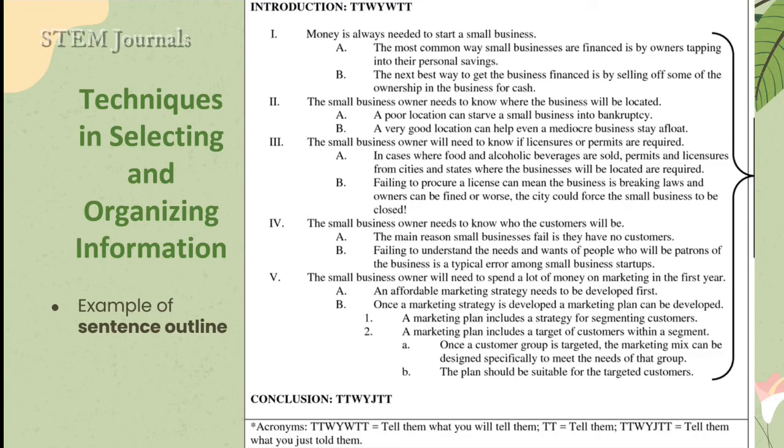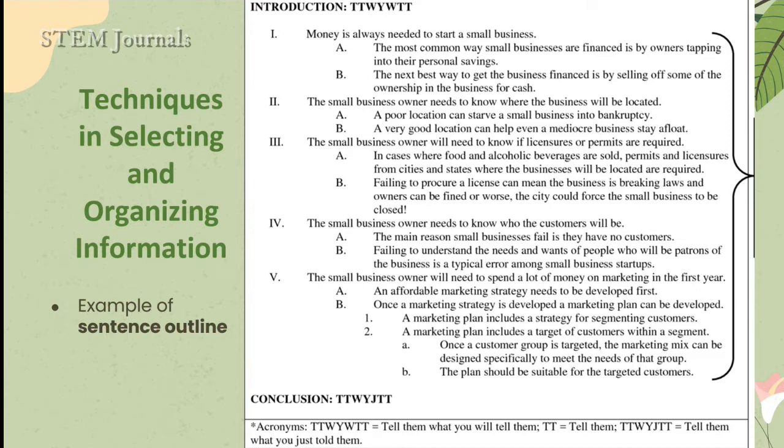So just to give you an idea of what it looks like, this is how it looks like. Your sentence outline. So, nandyan yung Roman numeral 1, 2, 3, 4, 5. Yung katabi nun, yun yung mismong sentence outline. Everything is written in sentences. So, of course, if I change this into a topic outline, hindi na siya sentence.